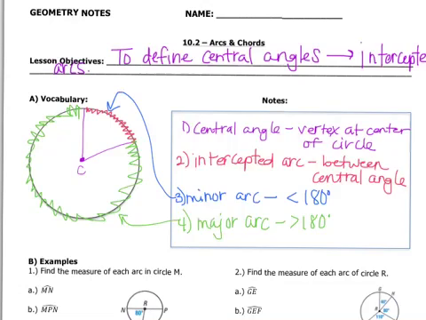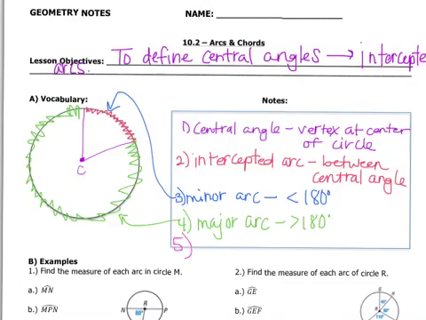What about an arc that's equal to 180 degrees? Well, let me ask you this. How many degrees are in a circle? Okay, so 180 degrees is half.